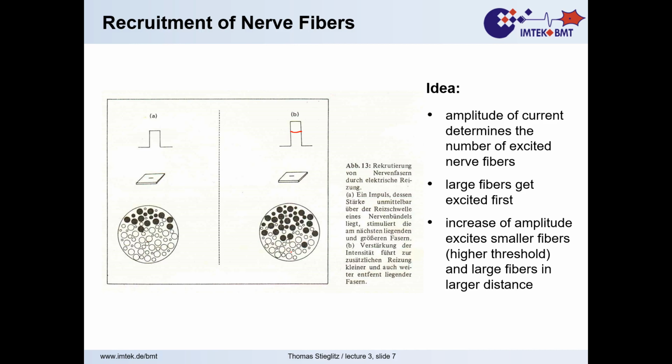This is something you always get in such a nerve. And that's quite stupid for many reasons. Stupid with respect to what we would like to get, because physiology does it the other way around.